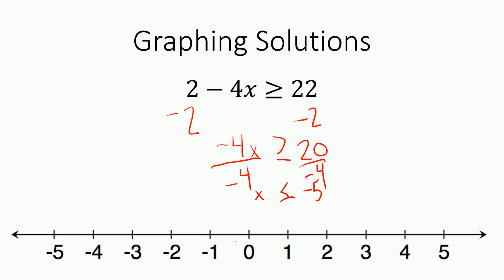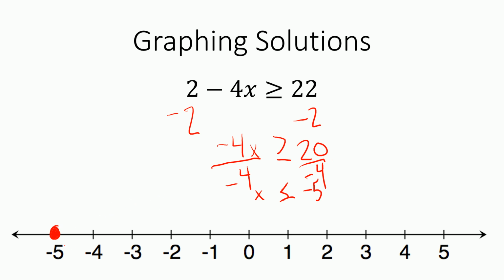And on this number line, I'm going to find negative 5, and I'm going to put a circle there. And then I'm going to look and say, okay, if this were just a straight less than and not equal to, I would leave that open. But because this has an equal to, I'm going to fill in that dot. And so that way I have a filled in circle to say, yes, one of my solutions is actually negative 5.